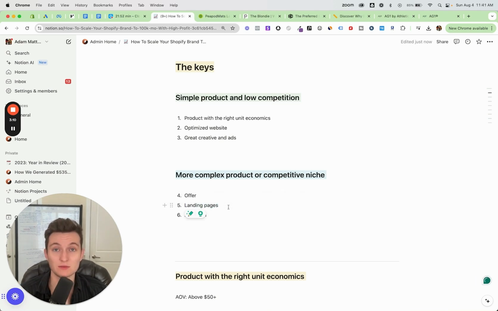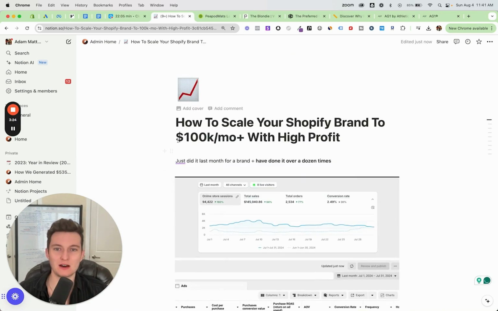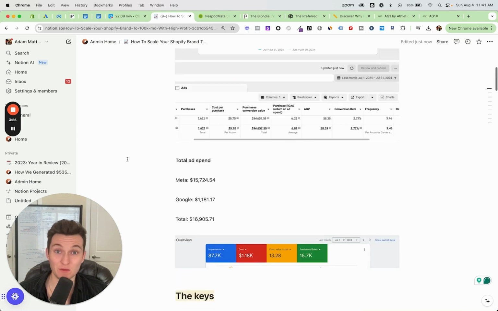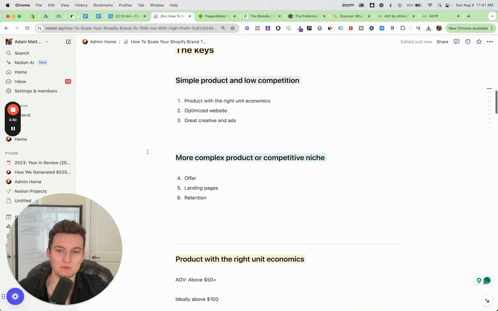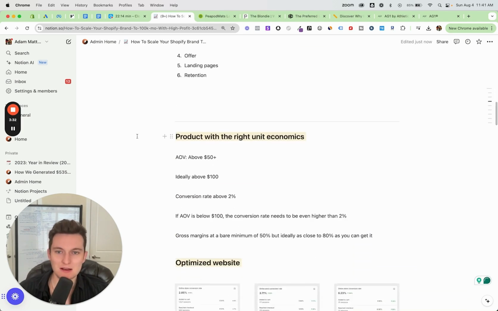You will need to do some sort of landing pages as well, or have a really good product page. And then also do retention, making sure that you have at least a 30-40% returning customer rate as you scale. That way, if you're at $100,000 a month plus, 30 to 40 grand plus is actually just returning customers, so that's no advertising cost. That's something to factor in. Now let's dive into it.